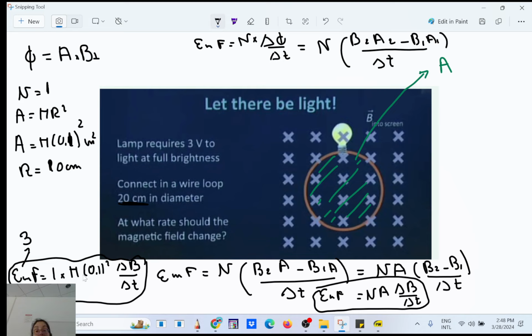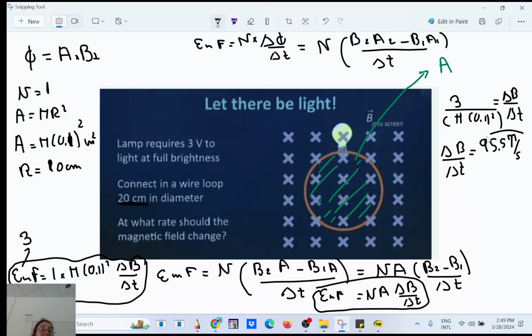The light bulb is 3 volts. So it's going to be 3 divided by pi times 0.1 squared. So what do you get? 95.5 Tesla per second.